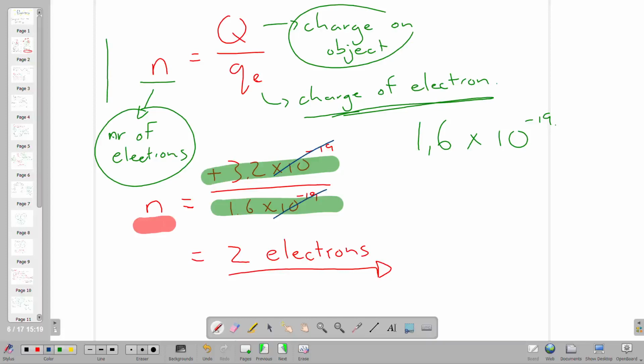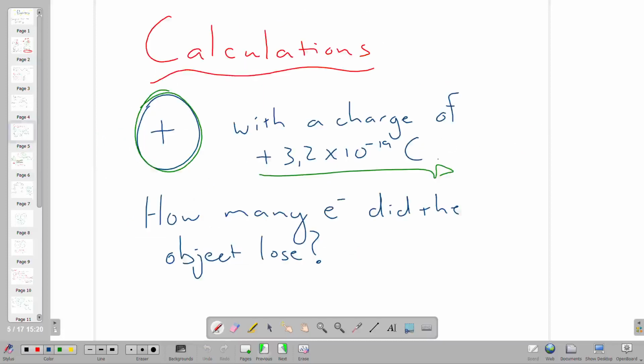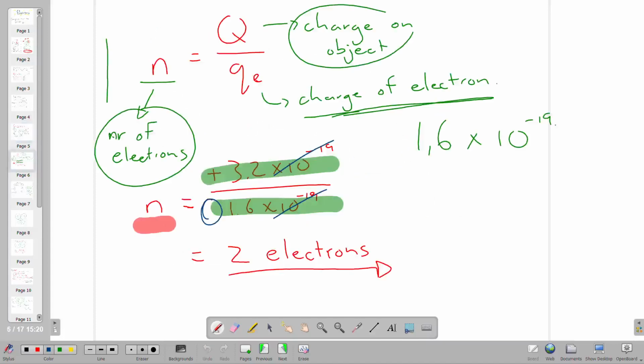So 3,2 over 1,6 equals 2 electrons. You don't need to worry about the sign of the charge over here. We're just looking at the size of the charge of an electron. So this object from the previous question, which has a charge of 3,2 times 10 to the negative 19 coulombs, lost 2 electrons. Simple enough.